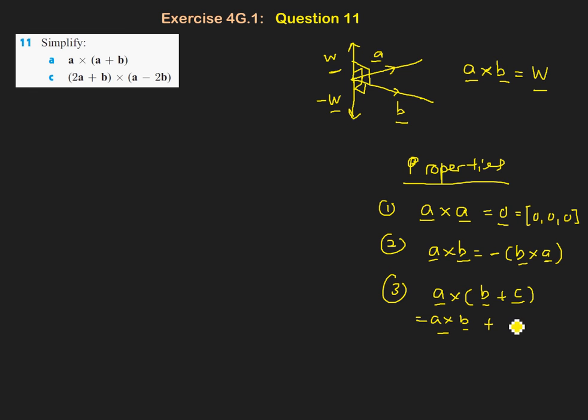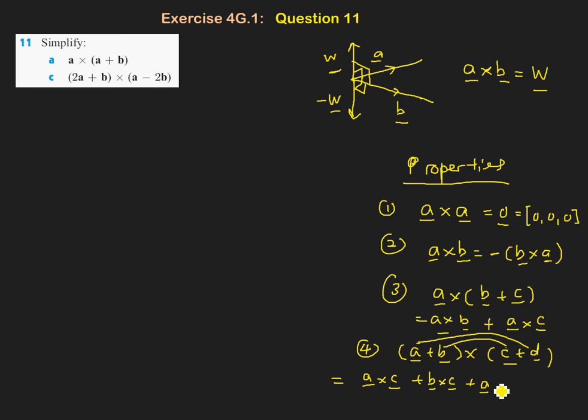And the last one, but not least, we have A plus B cross product C plus D. The outcome is expanding again: A cross C, plus B cross C, plus A cross D, and B cross D.